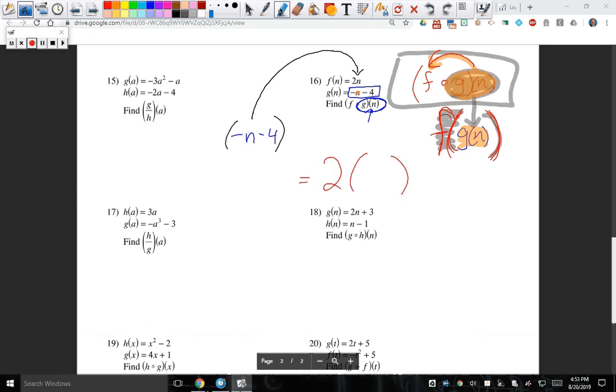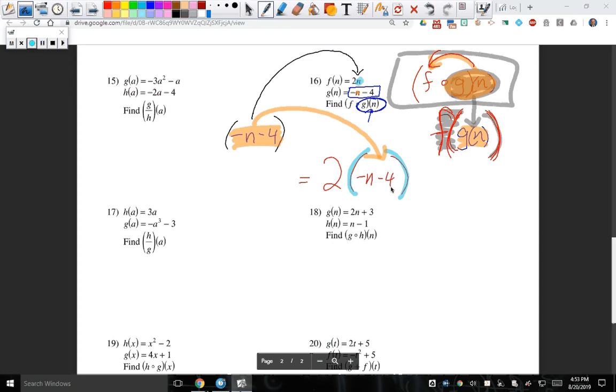So remember, let me highlight it in blue. This right here is symbolizing the input that's waiting for you to throw in some kind of value or whatever you got from the previous step. And we know that the previous step, we got g of n, which is all this. So we're going to throw that into here so that it looks like this.